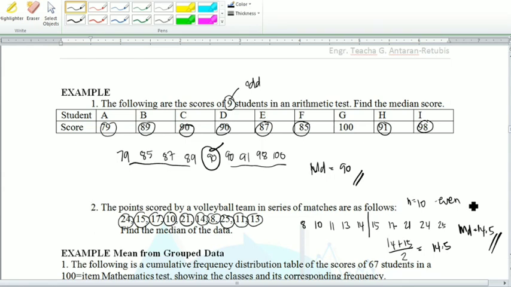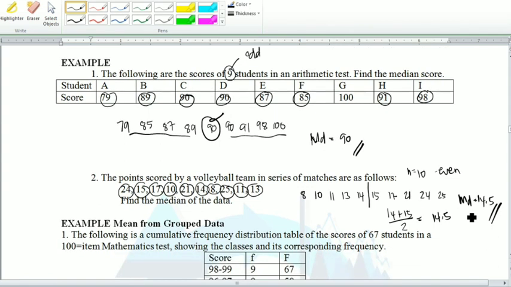Okay? Now, how about if the given is grouped data? So, we will have a different formula for that, and it will be a little bit longer. Now, if you can observe, the table is already constructed, but like I have said, class, not all the time is the given like this. There are problems where the given is only the raw data.